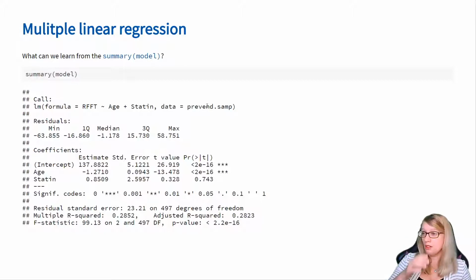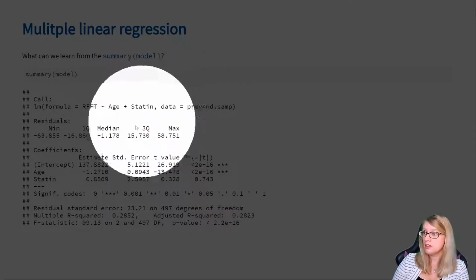Looking at the model summary, what can we see? Well, it looks like the intercept is, quote, statistically significant. So in other words, it's strongly different from 0. Our age looks like it's non-zero as well, but take a look at the row for statin use.